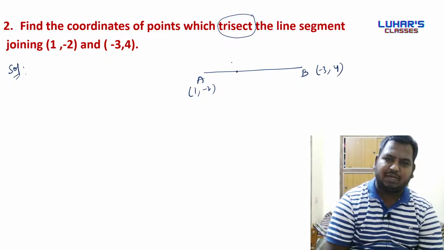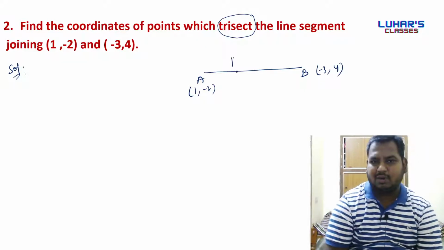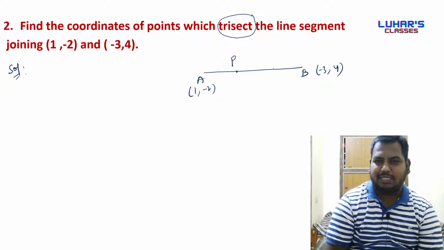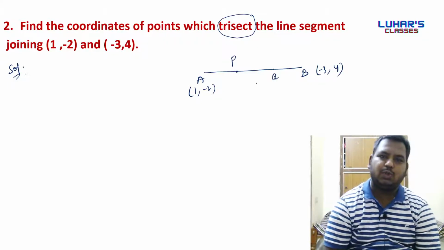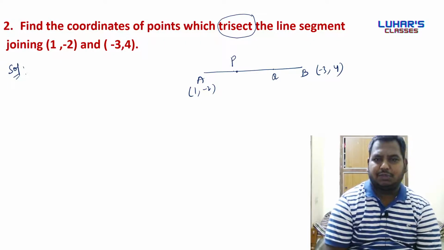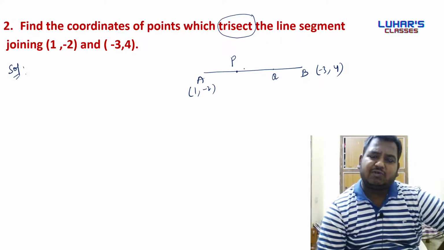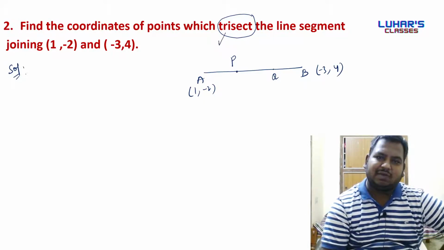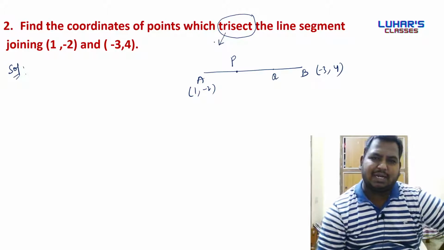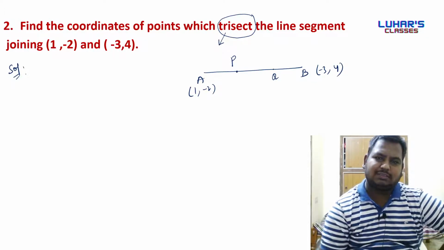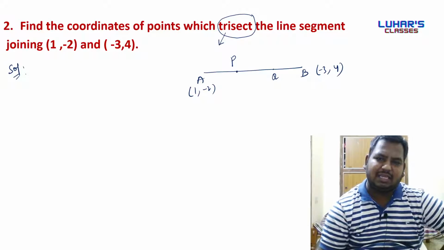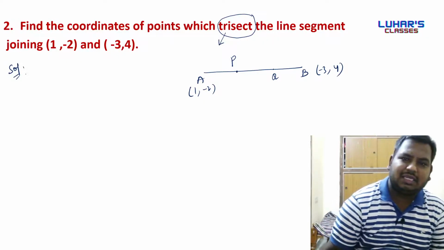Let me assume one point as P and the other point as Q. Now we need to find the coordinates of point P and the coordinates of point Q. Trisect means divide the line segment into 3 equal parts.